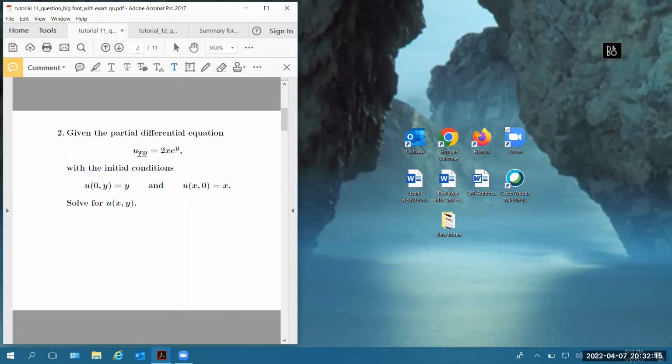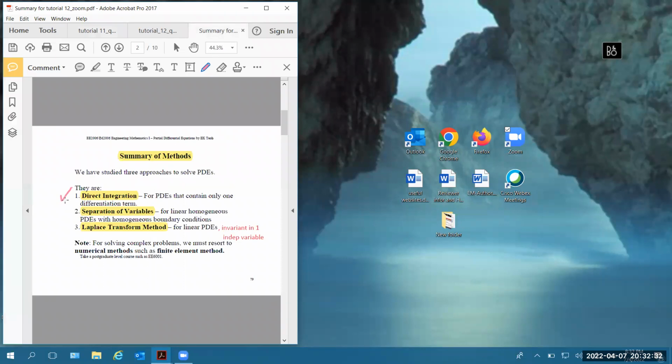We only have this u subscript xy, equal to 2x e to the power y. So this is the only differentiation term, correct? There's only one differentiation term here. Therefore, for this kind of PDE, it's suitable to use the direct integration method. Is it okay?